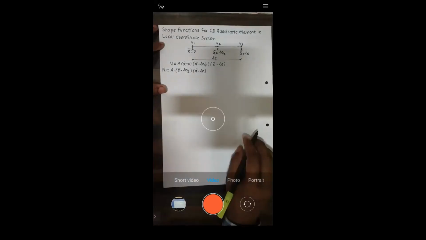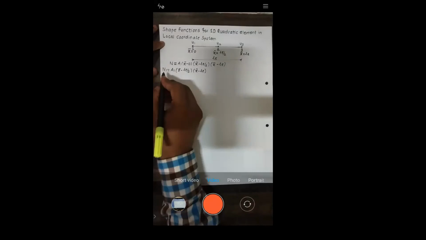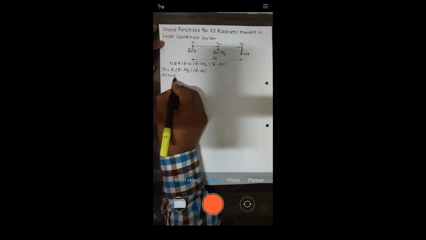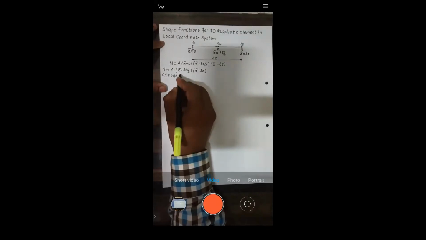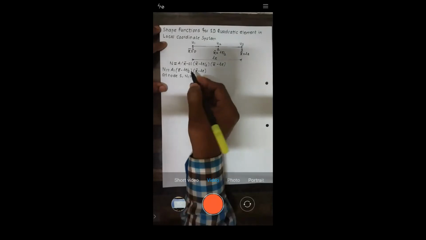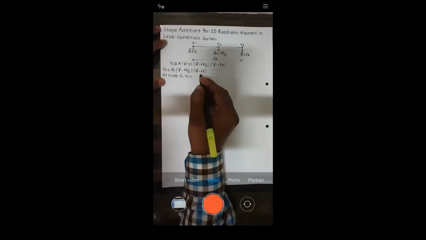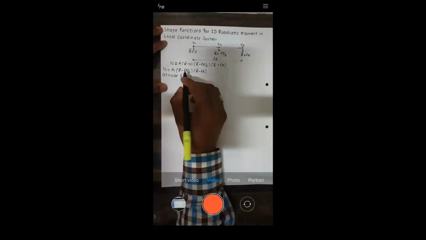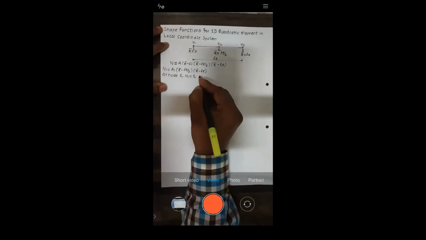Yes or no? Now see, at node 1, what is the value of N1? It is 1 only, right? And what is the value of x bar? It is 0.